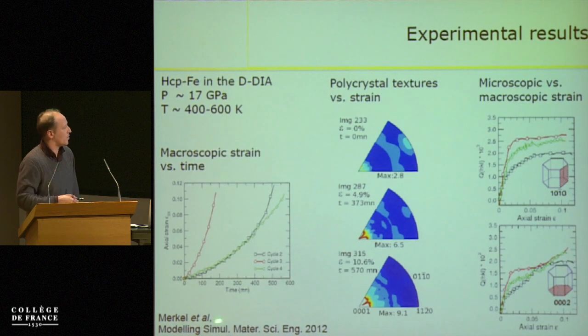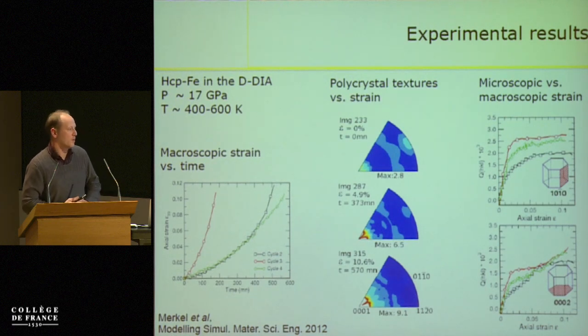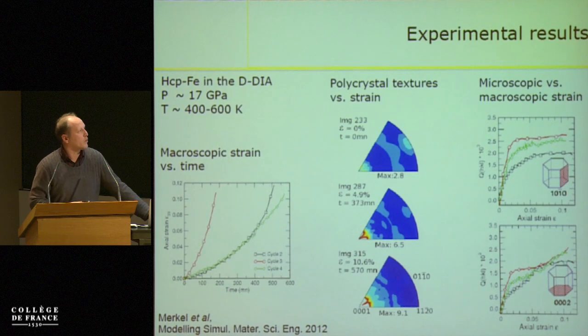This is from a deformation experiment on HCP iron in the Deformation-DIA, where you measure the strain as a function of time. You can measure textures that develop in your polycrystalline sample as you're deforming it. And then you measure the elastic strains from the X-ray diffraction at the macroscopic scale, and that tells you something about stress levels and plasticity in your material.